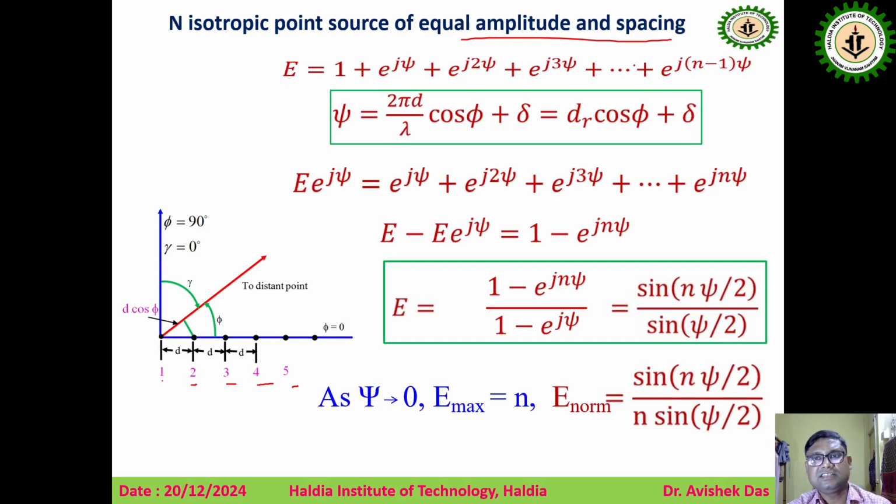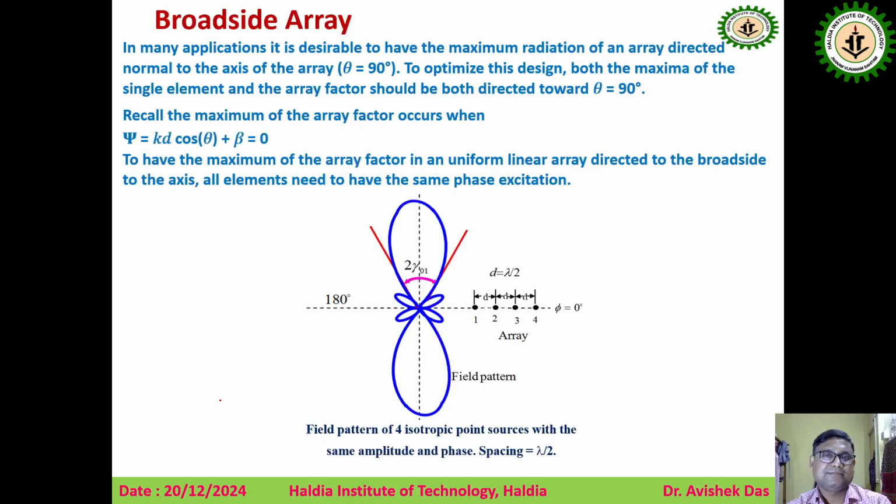Here we give the formula. We can find the total E is equal to (1 minus e to the power j n sigma) divided by (1 minus e to the power j sigma). From that we get the total radiation. So this is for the n isotropic sources of equal amplitude and spacing.